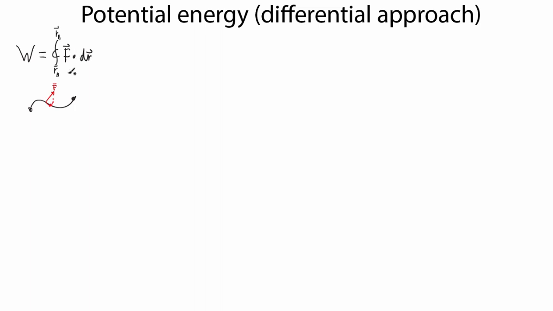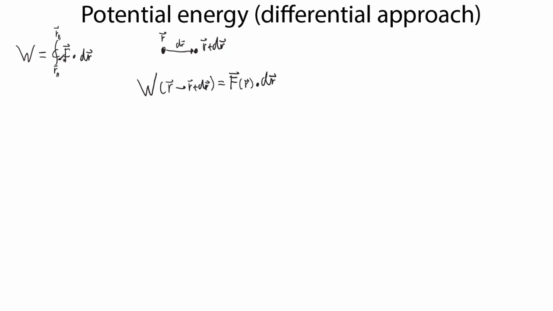So to make that happen, we're going to look at the displacement from some point r to a closely neighboring point at r plus dr. So this displacement vector is dr. The work over this short distance is just going to be F at r scalar dr. The integral goes away because we are integrating over such a short distance that the force can be taken to be a constant.